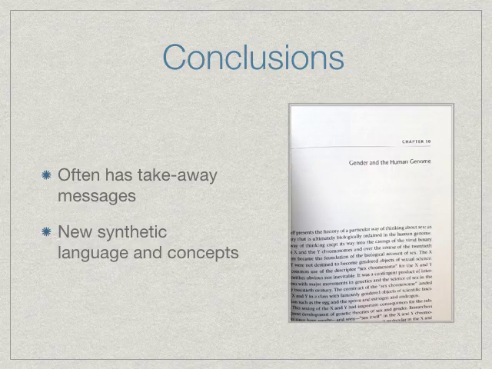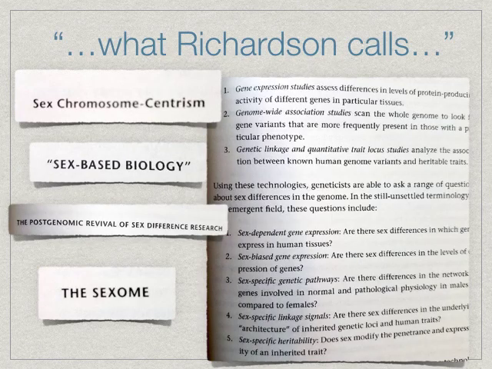So this is the kind of thing that you might use if you're writing a paper that has a literature review. This would be the part where you say, well, I'm going to employ what Sarah Richardson calls sex chromosome centrism, sex-based biology, the post-genomic revival of sex difference research, the sexome.